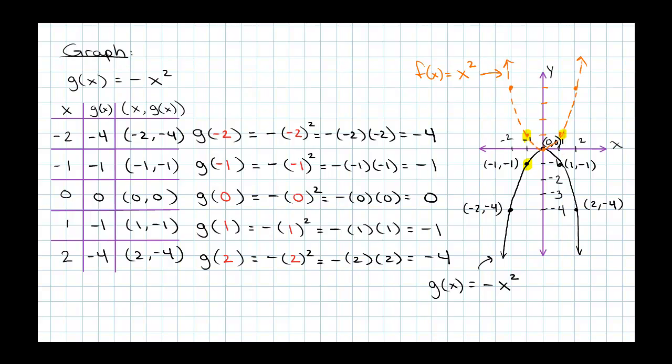I'm going to highlight the points so you can see how they are a mirror image of each other. They are the same distance from each other across the x-axis. So if I were to measure from the x-axis, I would notice that they are the same number of units away from each other.